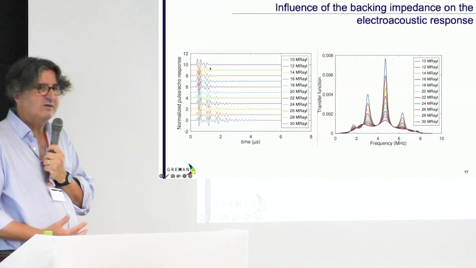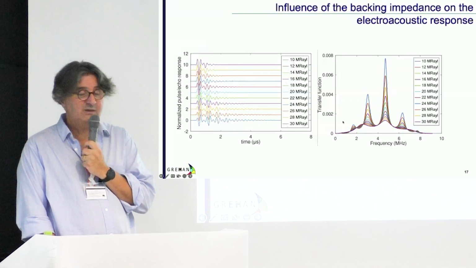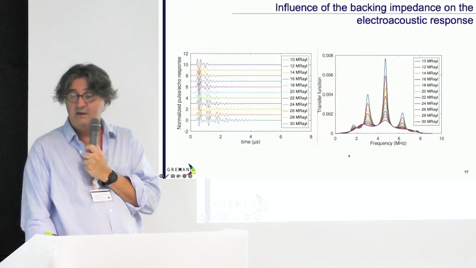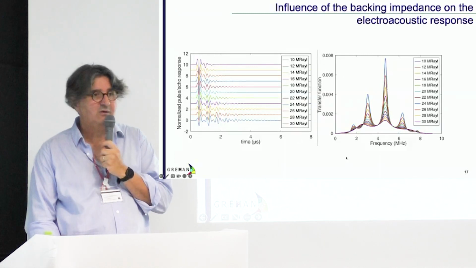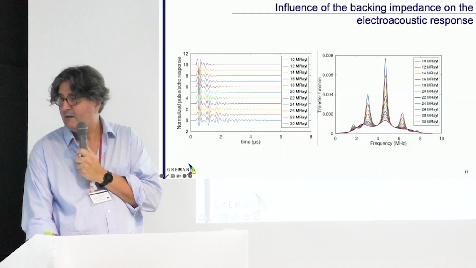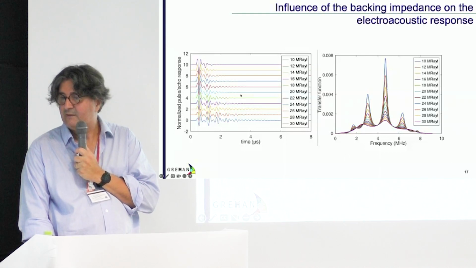So these are normalized responses. But of course, if you look at the transfer function, which is also an indication of the sensitivity, you smooth all the resonances and you lower the sensitivity, of course. And so you have a shorter response, typically.